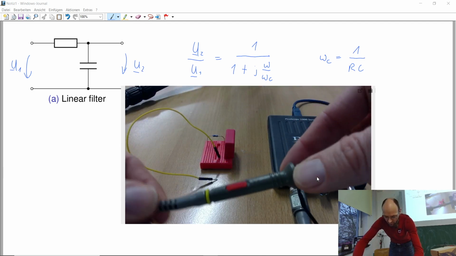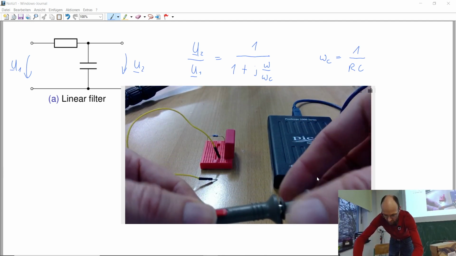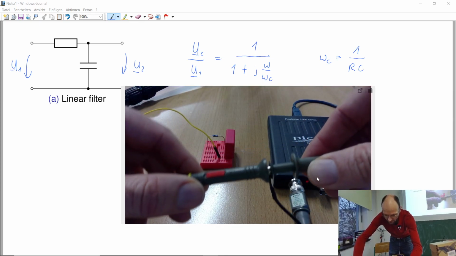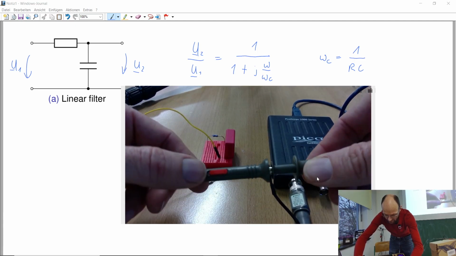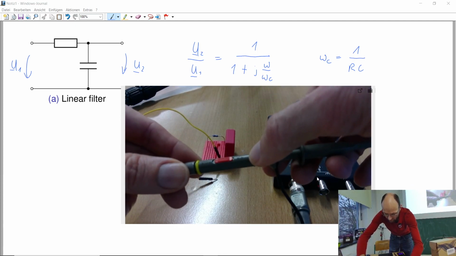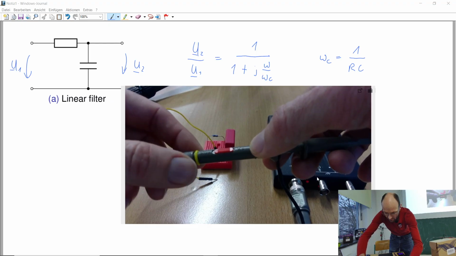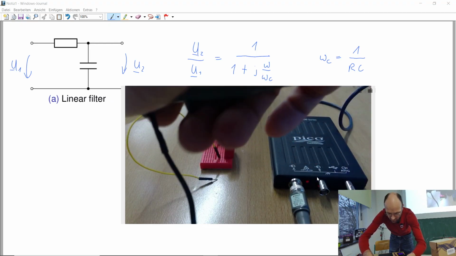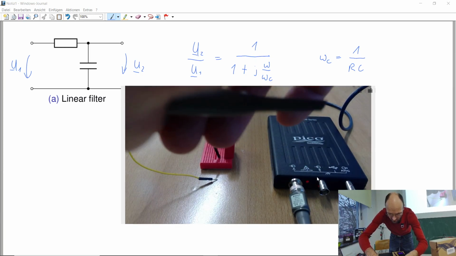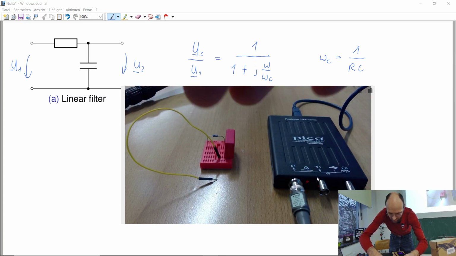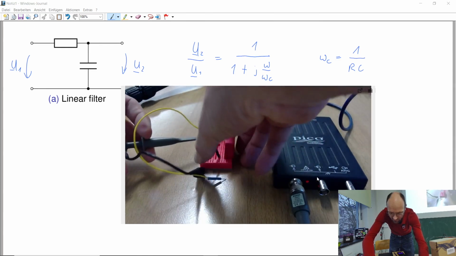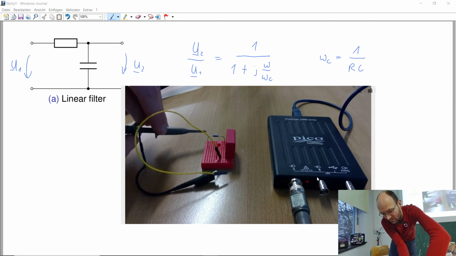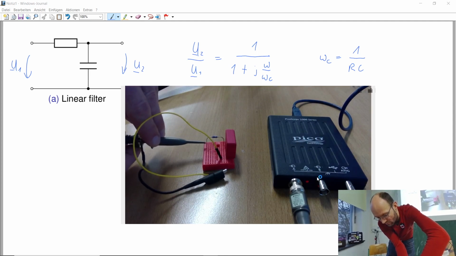What's also important is that there is some setting here, difficult to see, where you can set this to a factor of 1 or to 10. I will set this to 1. I'm not sure if this is the one. Yeah, this is the one that seems to be a bit broken, but with this, I'm still able to measure the input voltage.